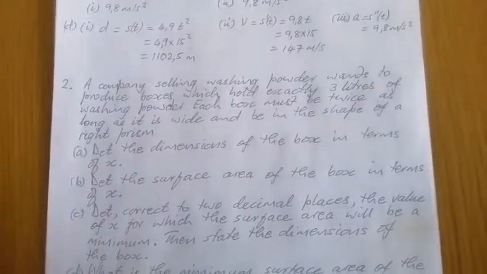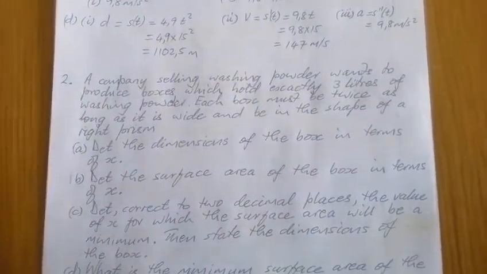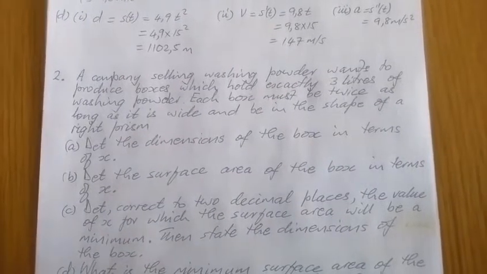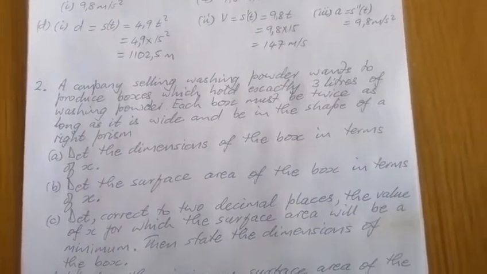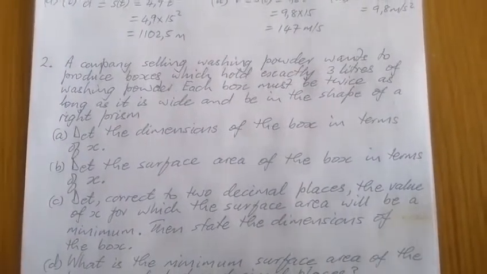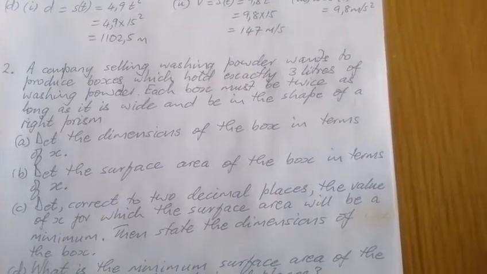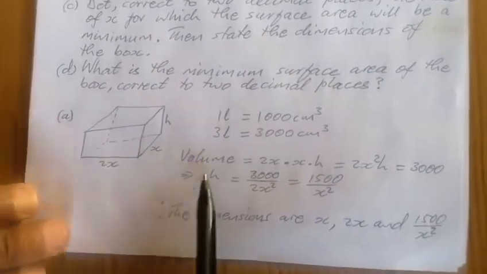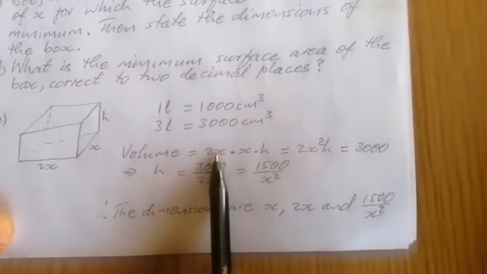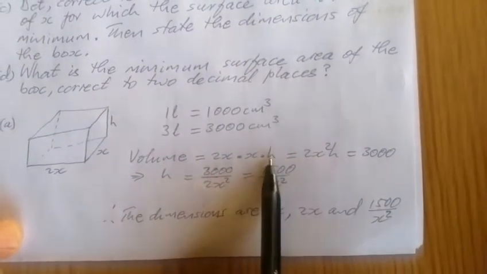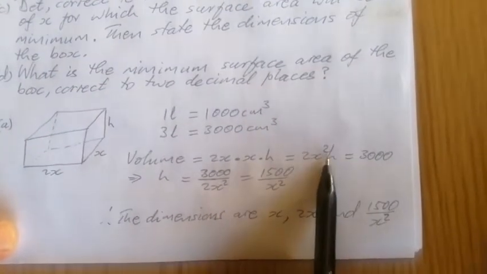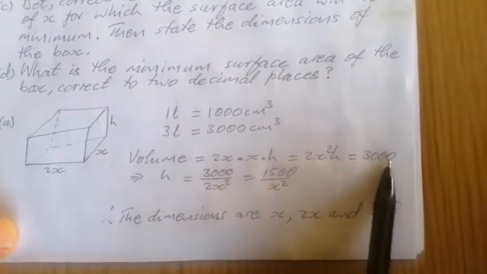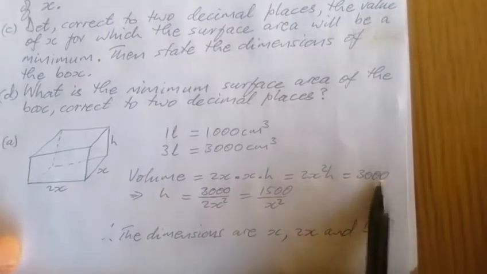But we need to find our h. So to find h, we need first of all to understand that 1 liter is equal to 1000 cubic centimeters. What about 3 liters? It will be 3000 cubic centimeters. So the volume will be 2x times x times h, which is 2x squared h, which is equal to 3000 cubic centimeters.